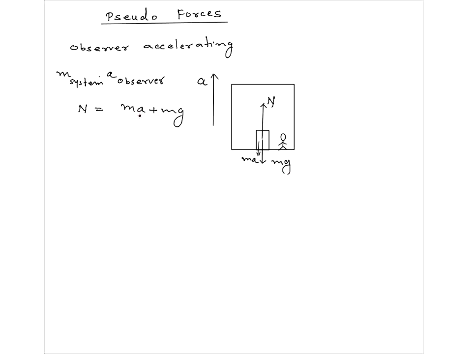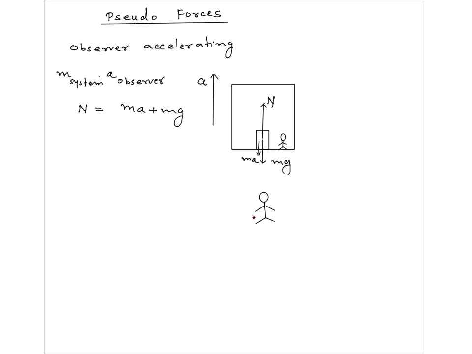This pseudo force is given by mass of the thing multiplied by acceleration of the observer as seen by inertial observer. Where is the inertial observer? Here is Mr. Newton, the inertial observer.